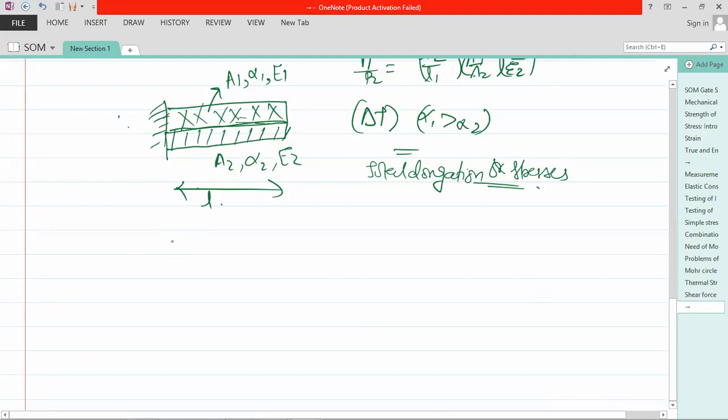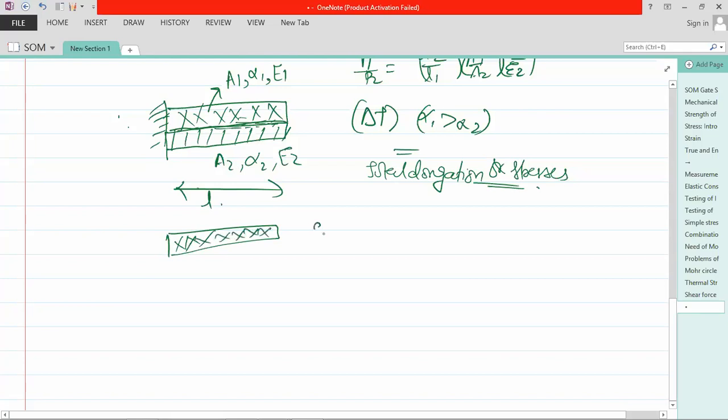Now suppose we take two different objects at different times, and it is given that they are glued in between. Take the upper body first.